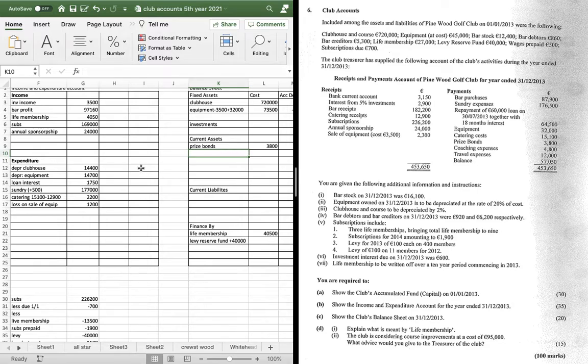Coaching expenses are going to be an expense. 4,800. Travel expenses are an expense. 12,000. And then the balance is your bank balance, so that's the current asset. 57,050.